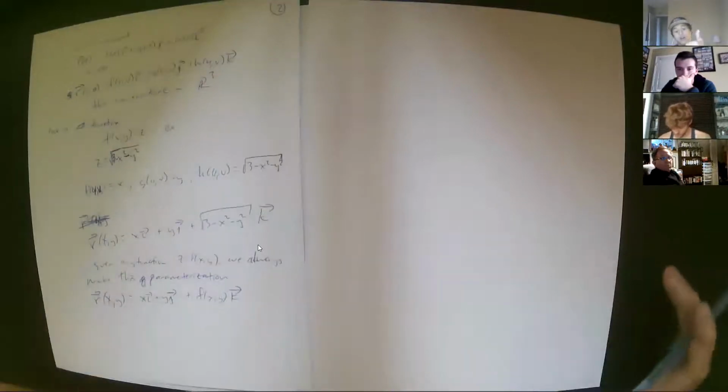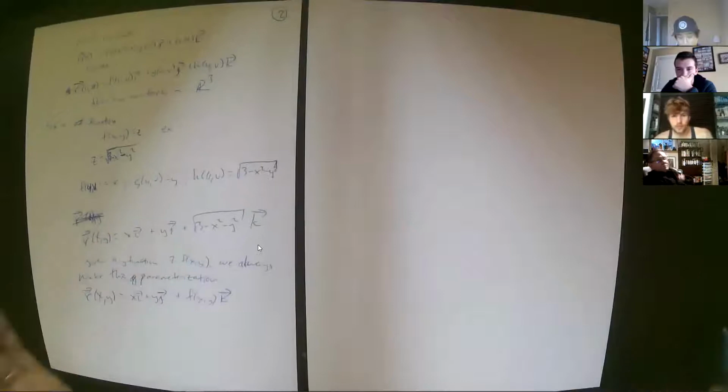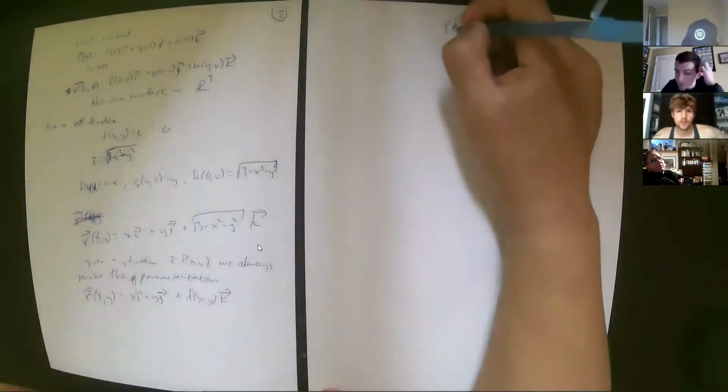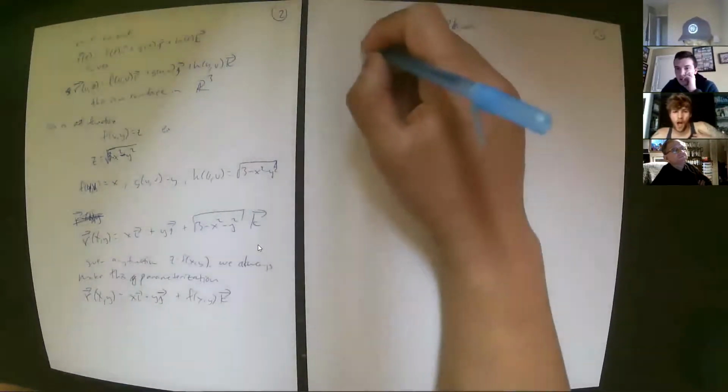Now, how do we parameterize? So things we're going to need to know: graphs, surfaces of a graph. That one's pretty easy. And planes. How do I parameterize a plane? So what does that mean?